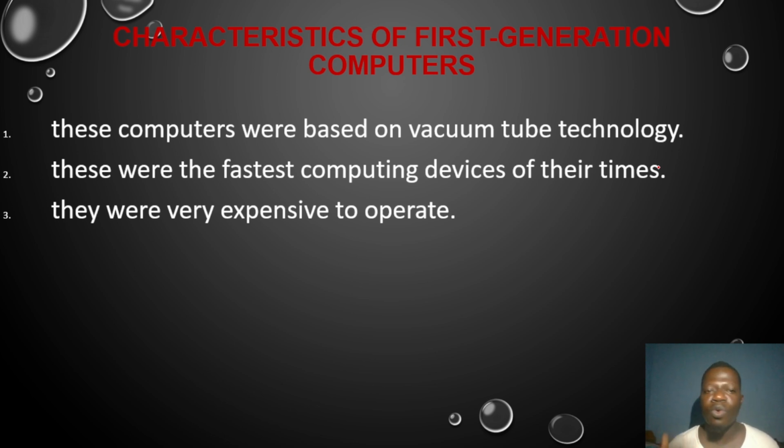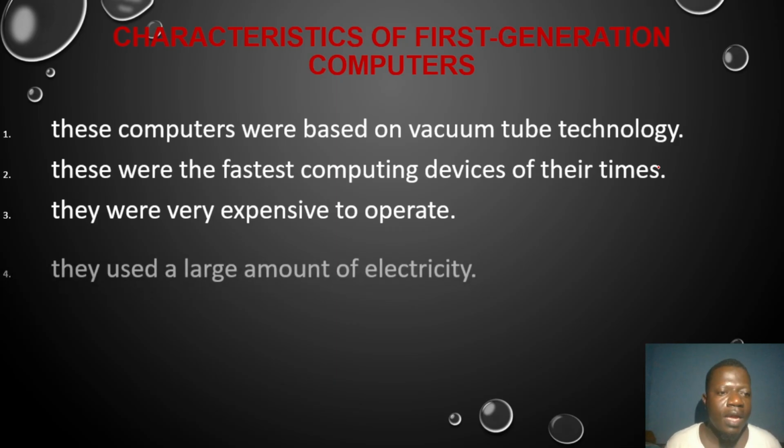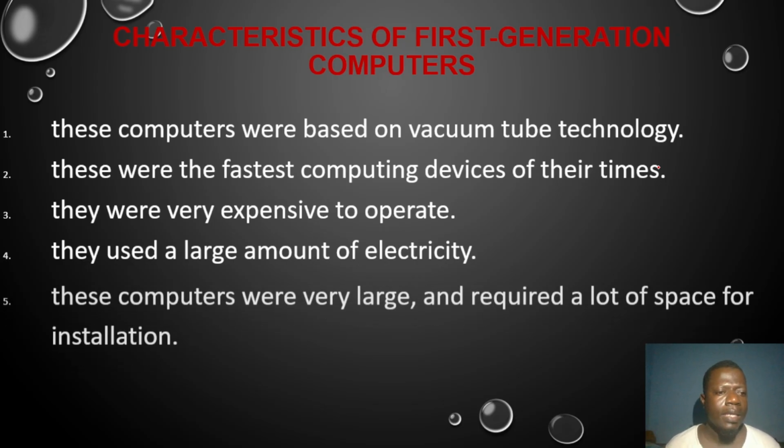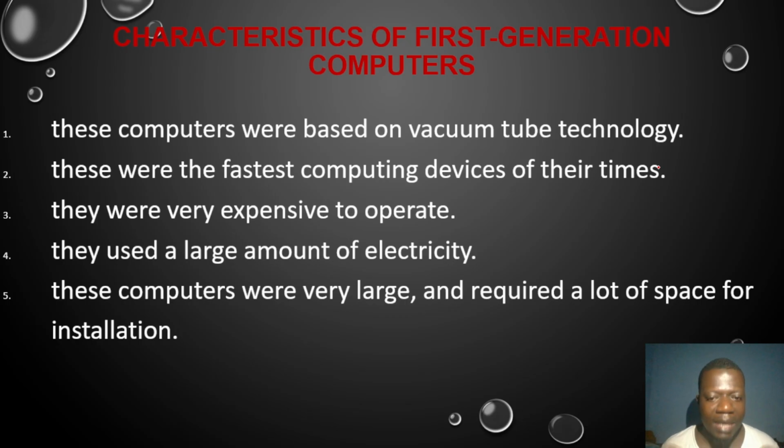You can see, operating it is very hard and expensive, and they use a large amount of electricity. Just look at how cumbersome the whole machine is. It requires a lot of electricity to make it operational. And then these computers were very large and required a lot of space for installation. If you don't have room space, you can't have one.